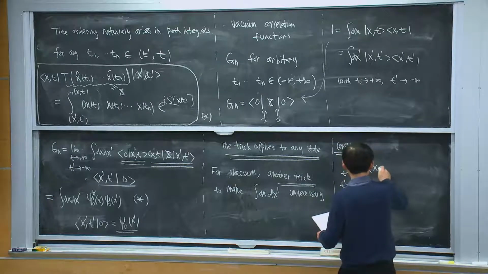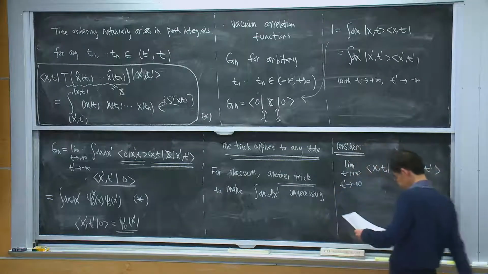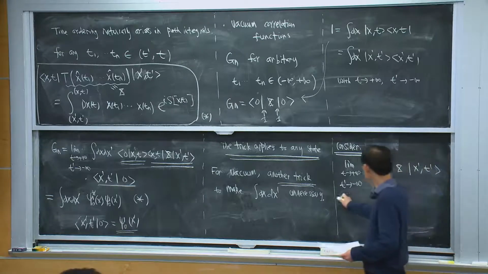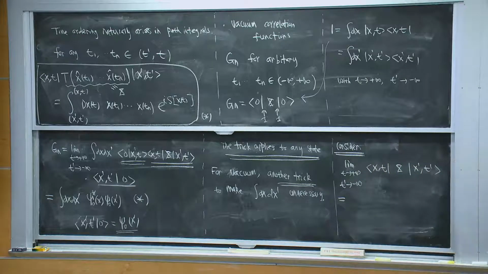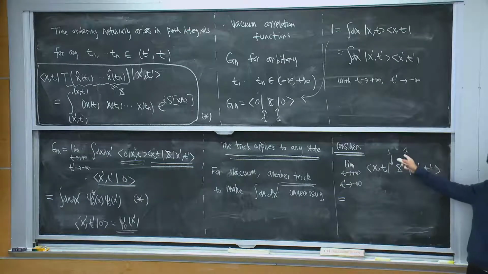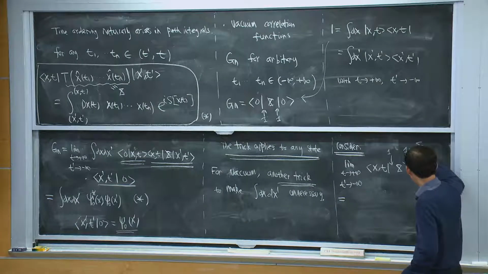Let's look at this object, ⟨x,t|x',t'⟩. Again we are going to insert identity, here and here, but now we insert identity expressed in the complete set of energy eigenstates.